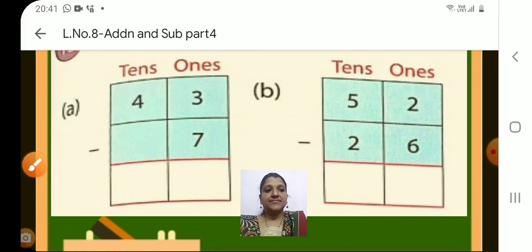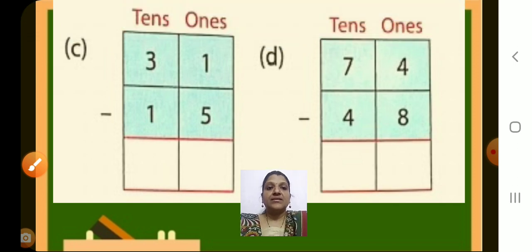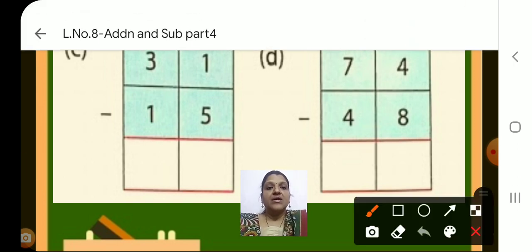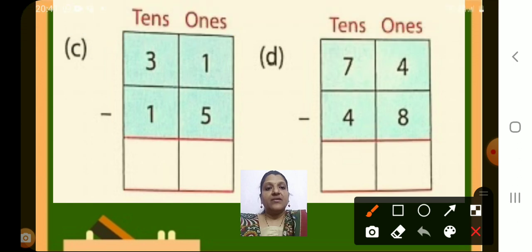Next, 31 minus 15. Again, in ones place, number 5 is bigger than number 1. Hence, we will do it by borrowing 1. Strike 1, write 11 above it. Now 11 minus 5 equals 6.